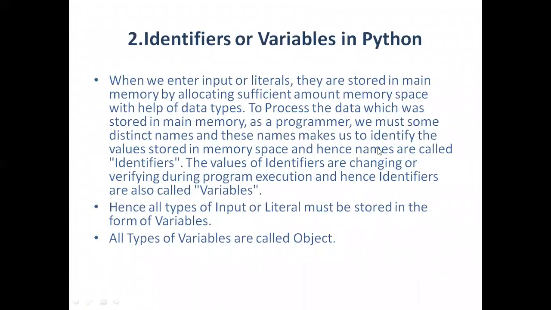Now, what are identifiers and variables in Python? When we enter input or literals, they are stored in main memory by allocating a sufficient amount of memory space with the help of data types. To process the data stored in main memory, as a programmer we must give distinct names, and these names help us identify the value stored in the memory space, and hence these names are called identifiers.